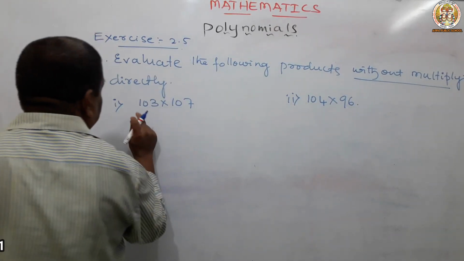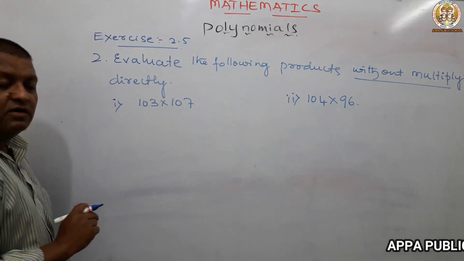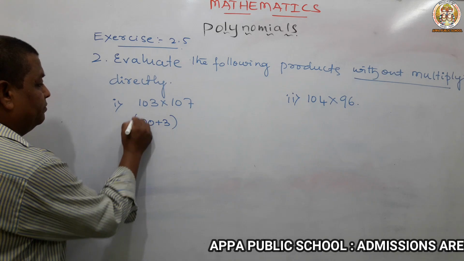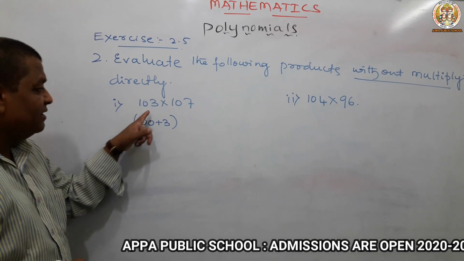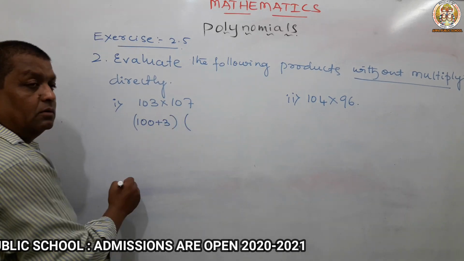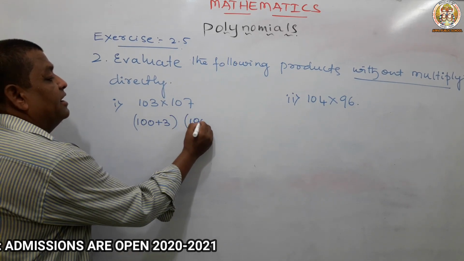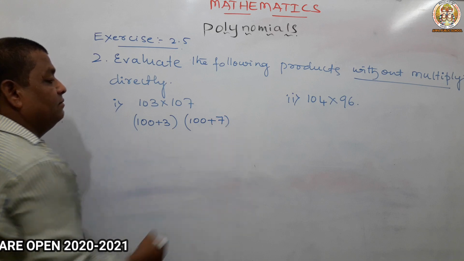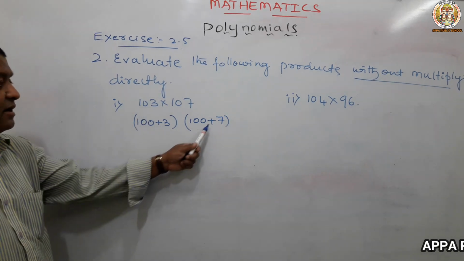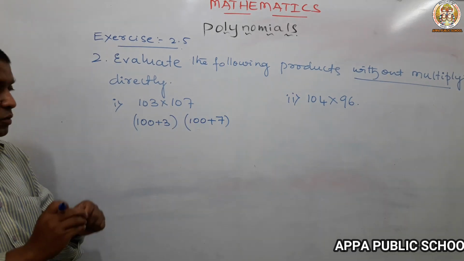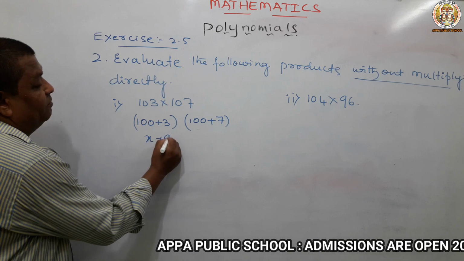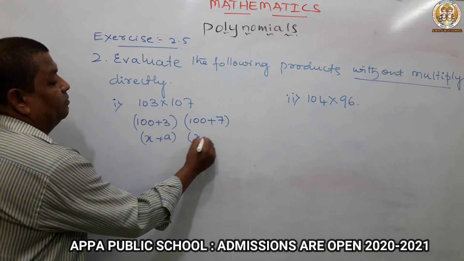Let me do it. 103 is 100 plus 3, next, into 100 plus 7. See, 100 plus 3 is 103, 100 plus 7 is 107. So we split in the form of one identity. Which identity? X plus a into x plus b.